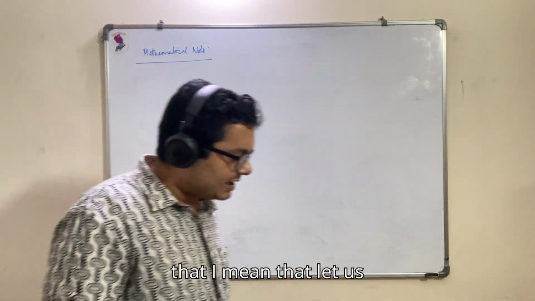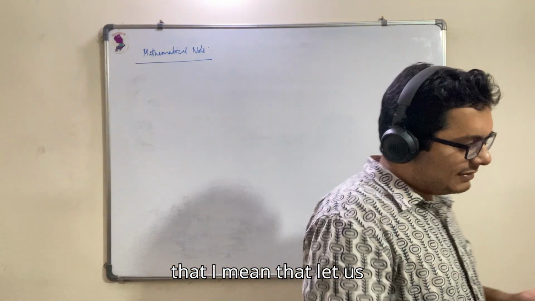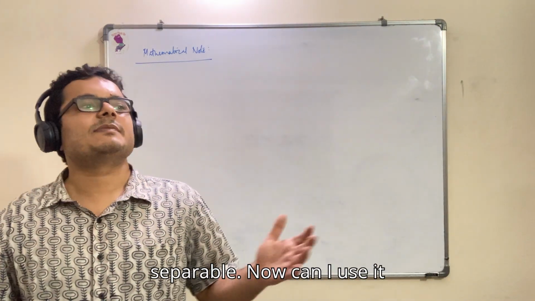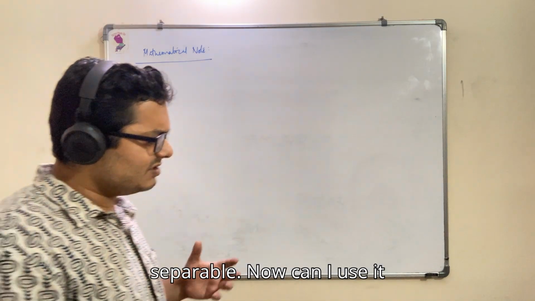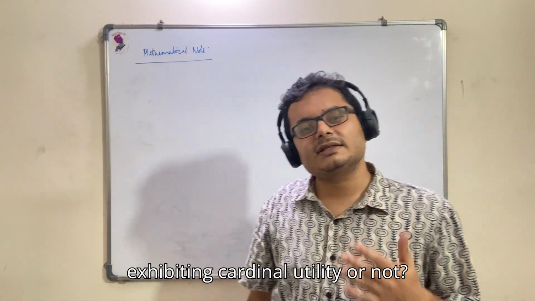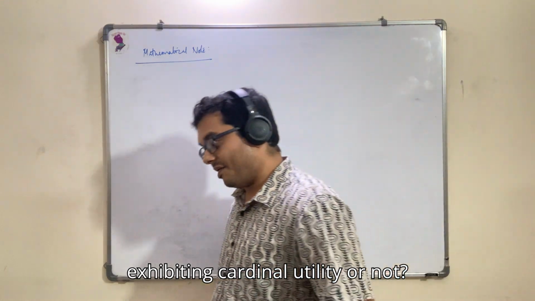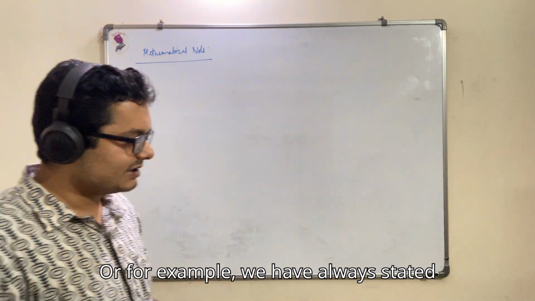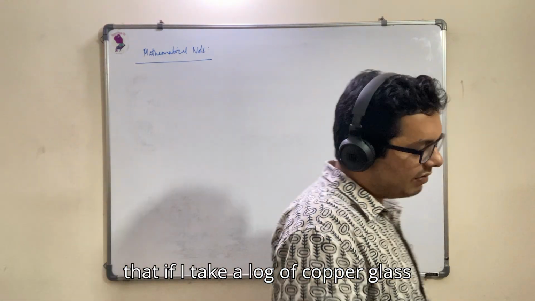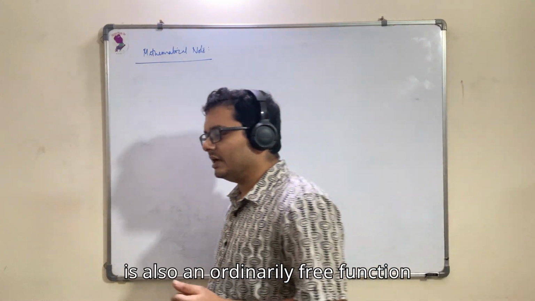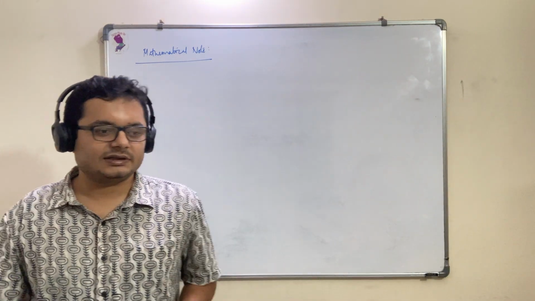By that I mean that let us consider the Cobb-Douglas function. Obviously it is not additively separable. Now can I use it as a function exhibiting cardinal utility or not? Or for example, we have always stated that if I take a log of Cobb-Douglas function, then the function that we get is also an ordinal utility function.